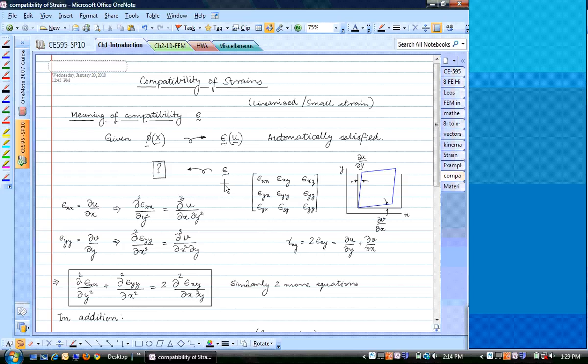Once I solve for my strains, I'm going to try to figure out what is the displacement or what is the deformation that this strain corresponds to. Now you know that this strain has 9 components, right? And the displacement or the deformation has only 3 components. This is a tensor, this is a vector. So 9 versus 3. So how do we make sure that these 9 components actually correspond to a real displacement? That's the condition of compatibility that we are going to try to find out.